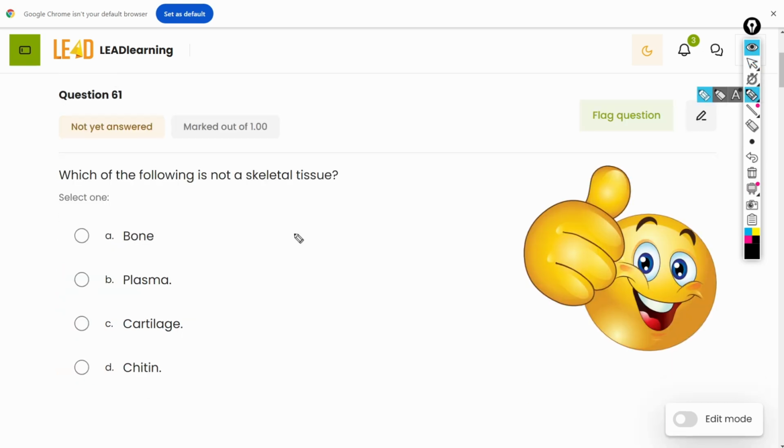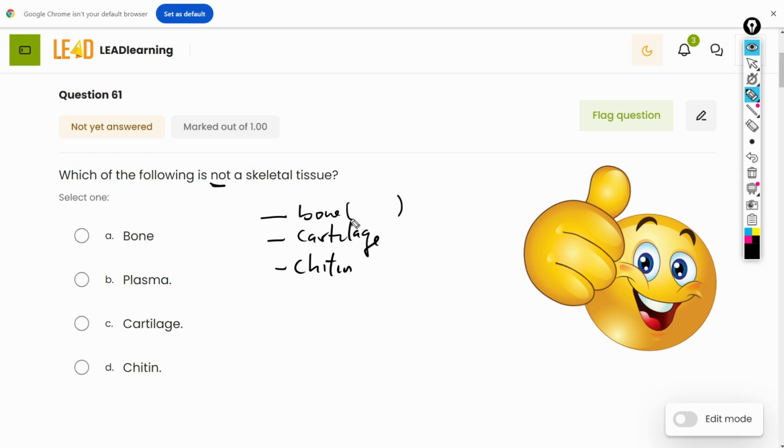Question 61. Which of the following is not a skeletal tissue? Now, the three main skeletal materials are bone, cartilage, and chitin. The bone is the solid mass that muscles connect with to bring about movement.